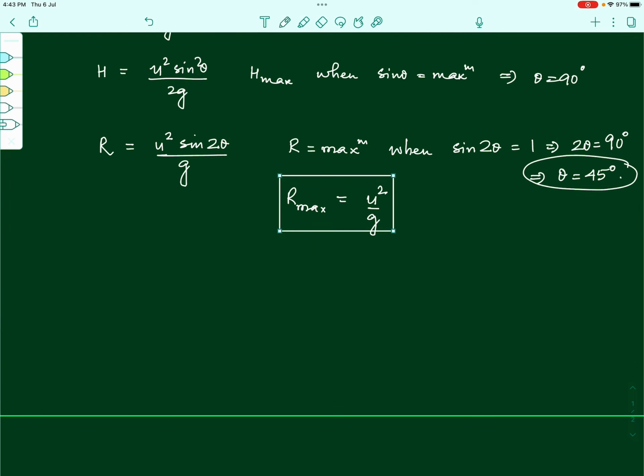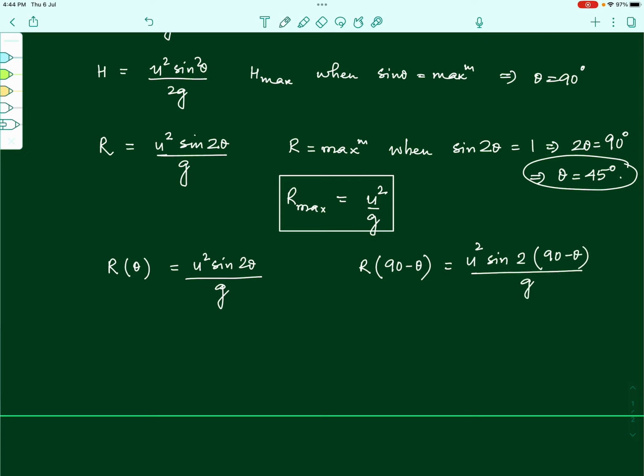We can also see one more thing. See that the range when the angle of projection is theta is u squared sine 2 theta by g. Let us find out the same range if we change the angle of projection from theta to 90 minus theta. Range corresponding to an angle of projection of 90 minus theta will be, by the same definition, u squared sine 2, instead of theta we will write 90 minus theta now, divided by g.